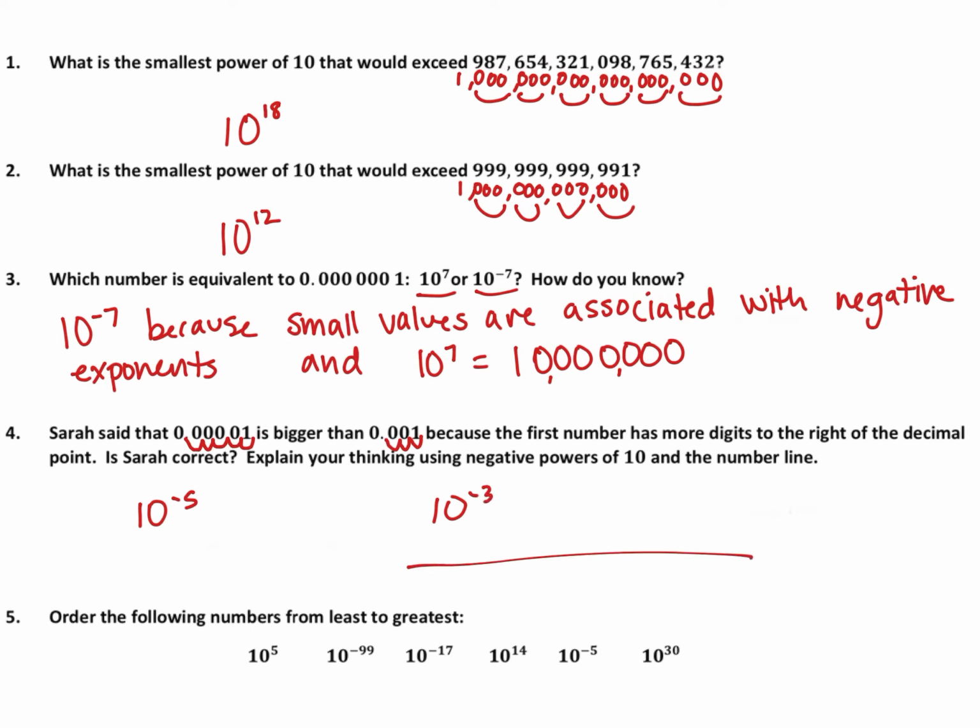So using a number line, we would have positives over here and negatives over here. So 10 to the negative 3 is actually bigger than 10 to the negative 5 because it's farther to the right on the number line. So 0.001 is bigger.